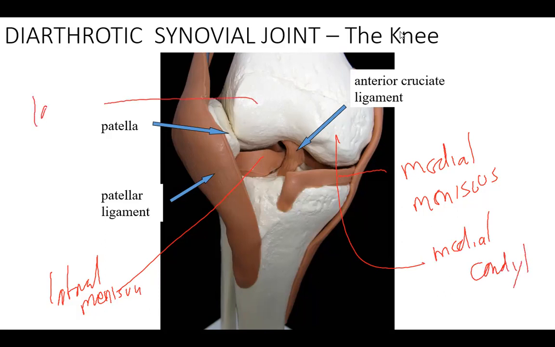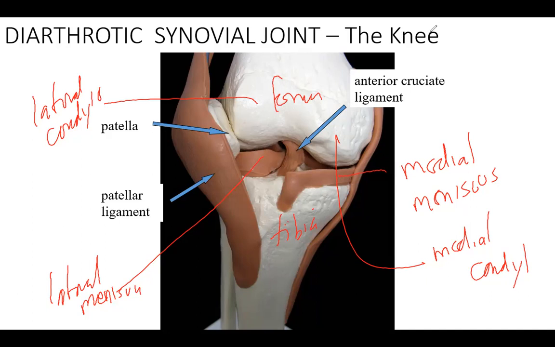This is the lateral condyle. And this is the femur up here. And this is the tibia down here. The anterior cruciate ligament is attached to the front of the tibia between its own condyles, because the top of the tibia there, those are condyles also. So the anterior cruciate ligament attaches in the front there.